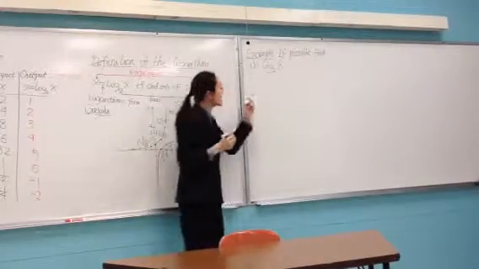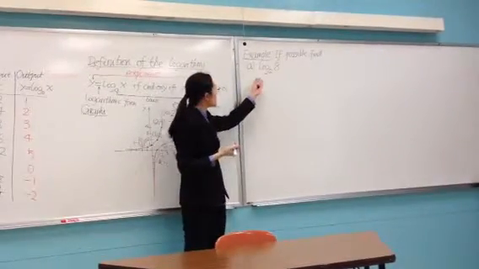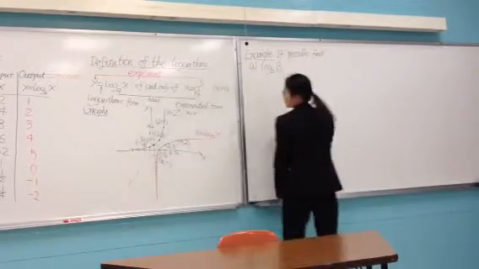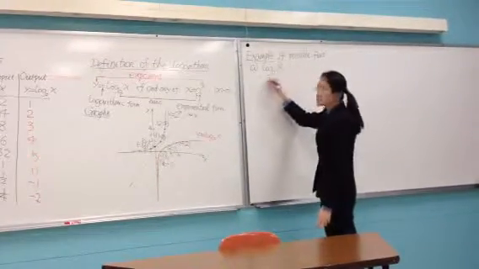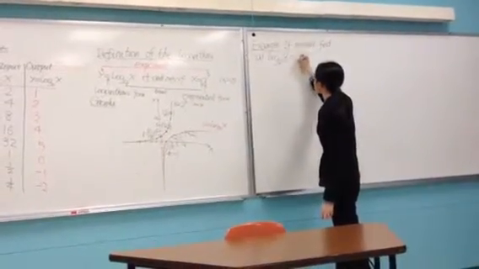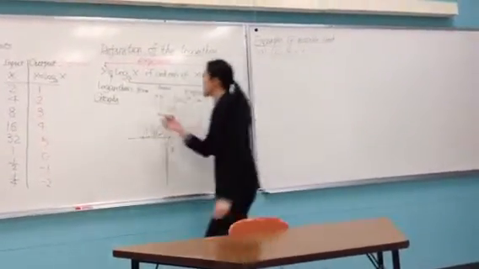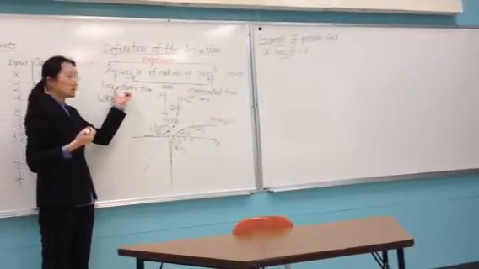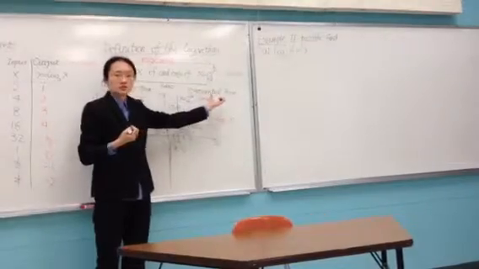Let's do this one together. We want to find the number logarithm base 2 of 8. Okay, let's think about how we can solve this one. Suppose we call this number y. Now we have the logarithm form. Let us change this logarithm form into exponential form.